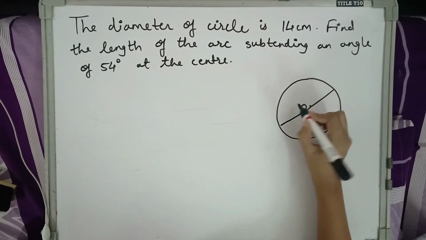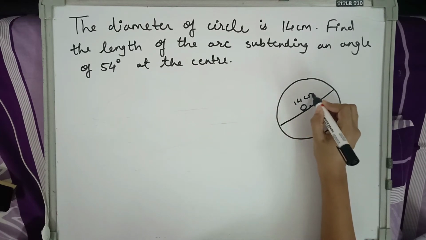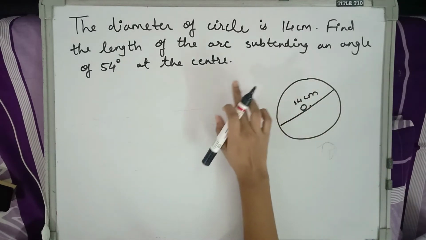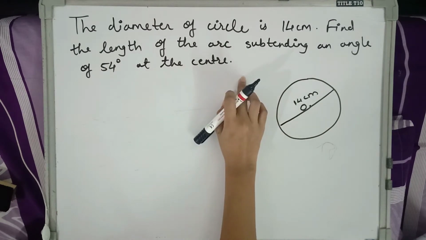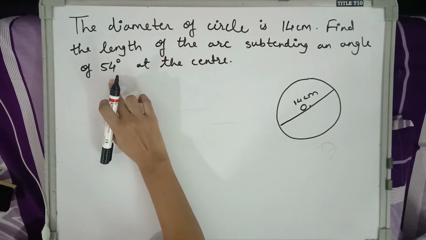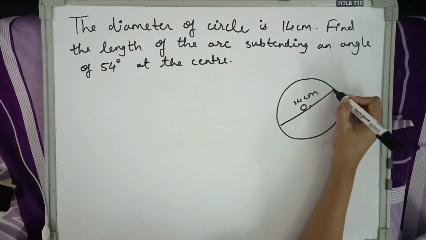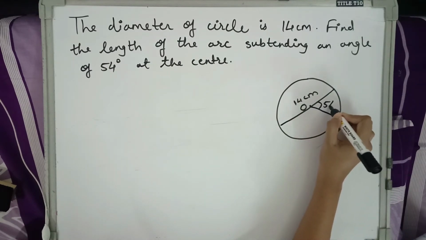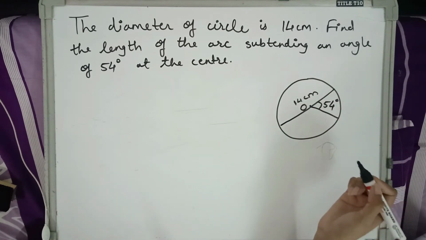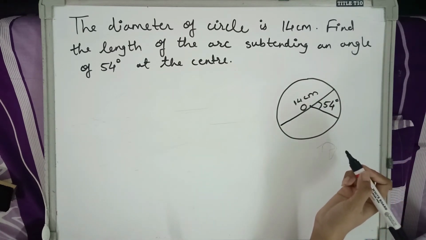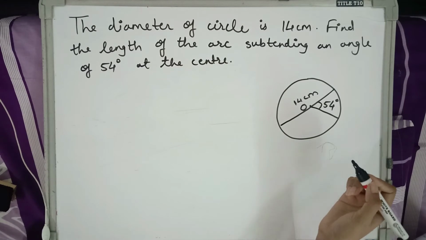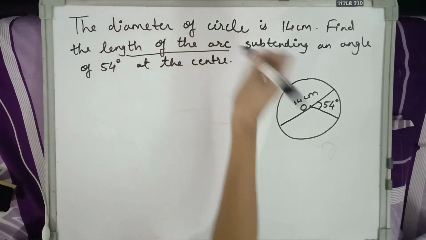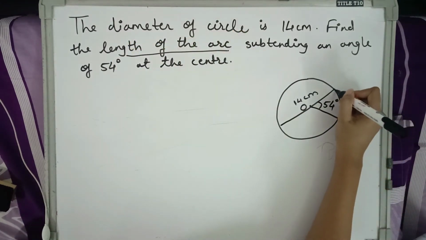Now this arc is subtending an angle of 54 degrees at the center. We have to find the length of the arc, which is the length of this portion.